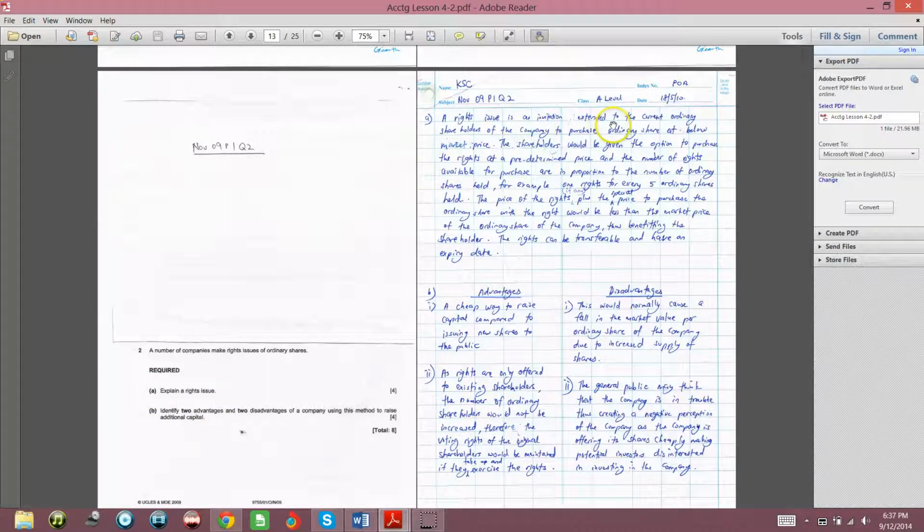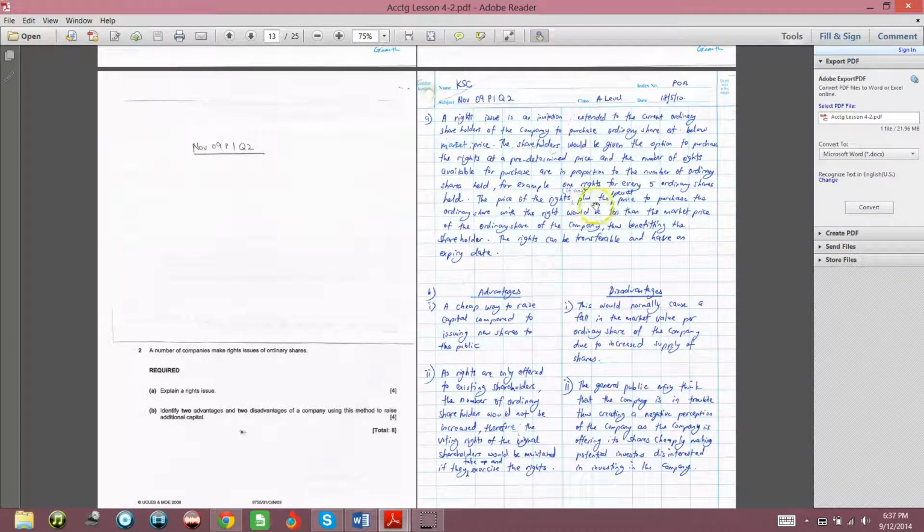A rights issue is an invitation extended to the current ordinary shareholder of the company to purchase ordinary share at below market value. Okay, so the shareholders will be given an option to purchase the right at a predetermined price, and the number of rights available for the purchase are in proportion to the number of ordinary shares held. For example, 1 right for every 5 ordinary shares held.